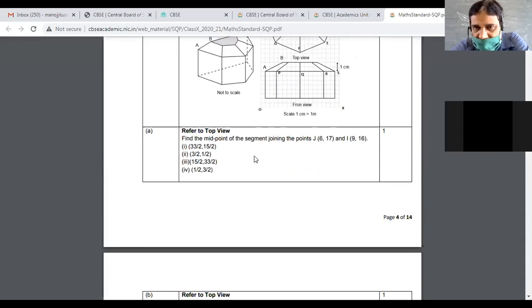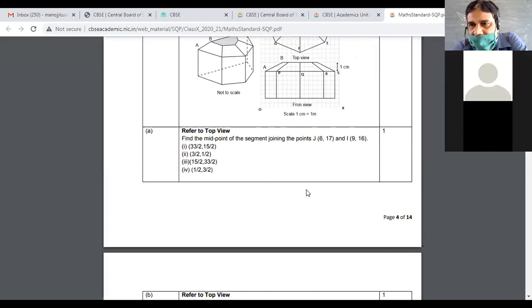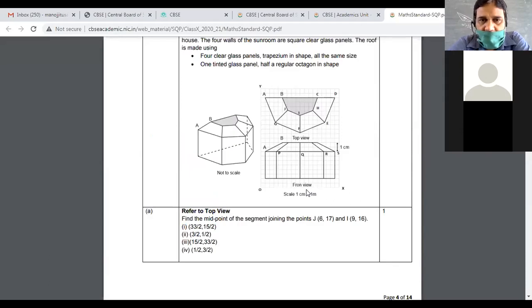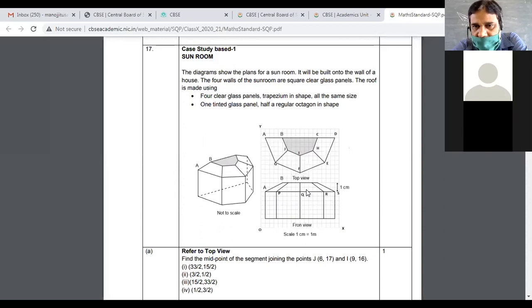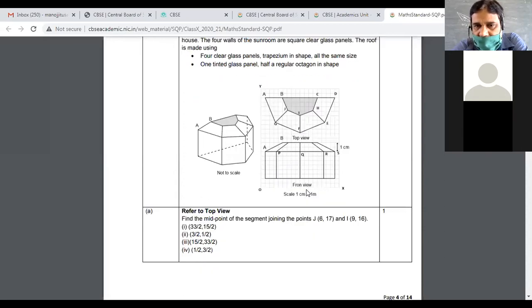So (6+9)/2, (17+16)/2, 15/2 and 33/2. It's not that for each question you have to go deep into the diagrams. Sometimes you have to apply your thinking skill to answer it.